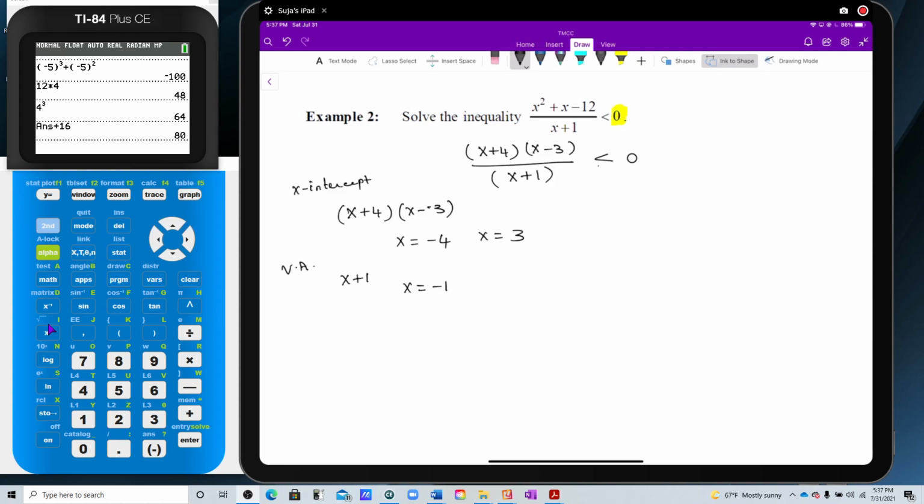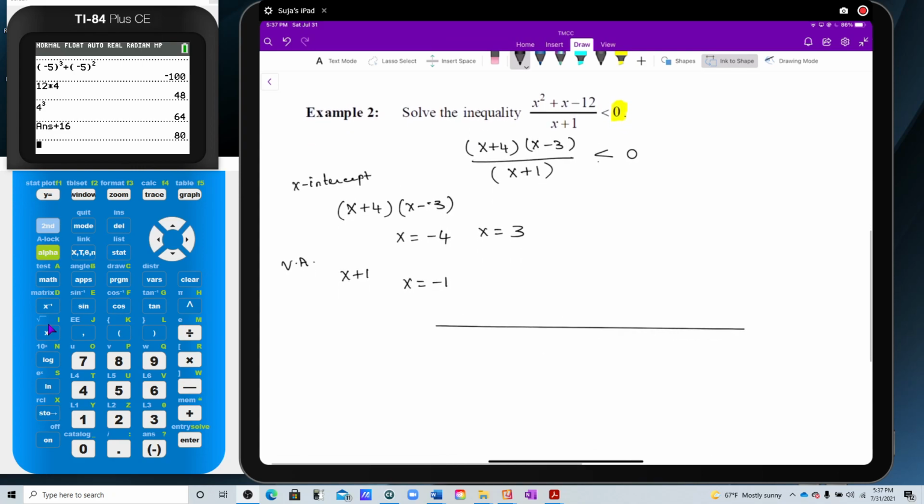Using these numbers, I'm going to create the diagram, and from the diagram I will say what the intervals are. The first thing is to draw the number line and divide it into regions using these x values.